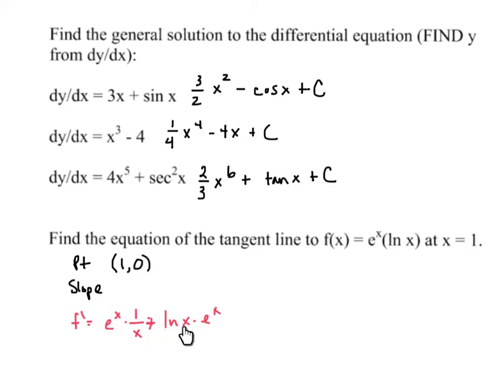The natural log of 1 is 0, so 0 times e. So I end up with e plus 0, so the slope is just e. So my tangent line is e times x minus the x-coordinate, plus the y-coordinate. Again, that should all be review. Hopefully that's no problem. It's always good to look at those.